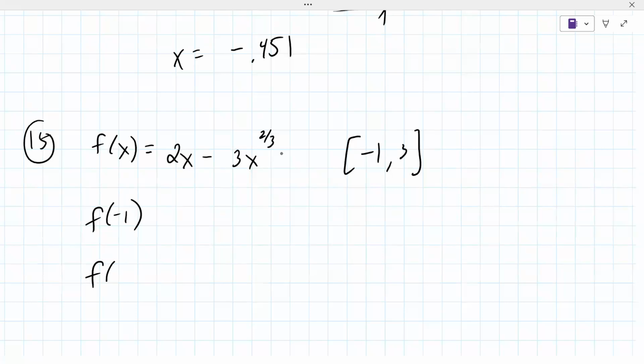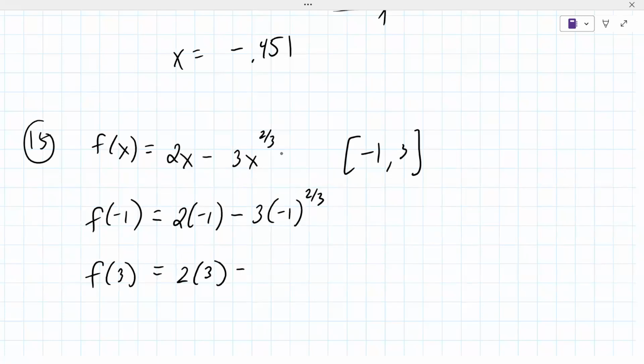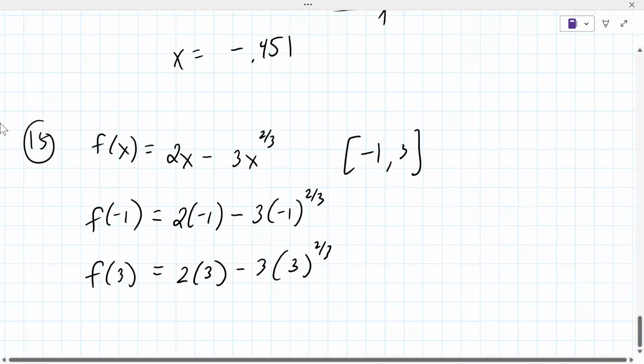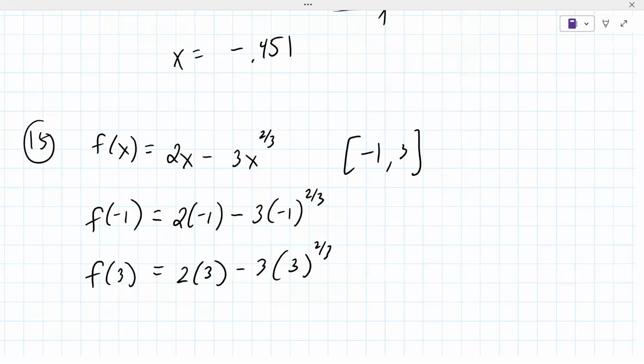Okay, so the first thing is you evaluate at the endpoints. So you got 2 times -1 minus 3 times -1 to the 2/3 power. You'll want to evaluate that in your calculator.